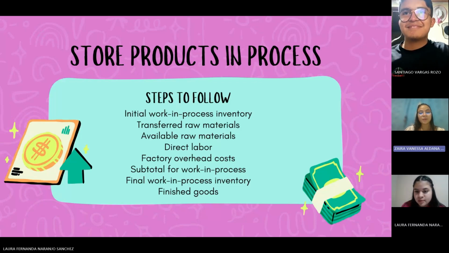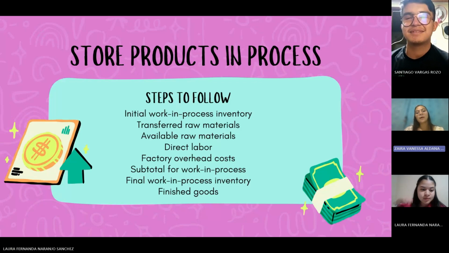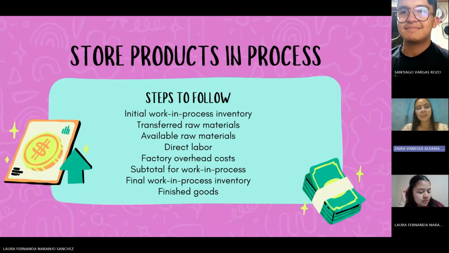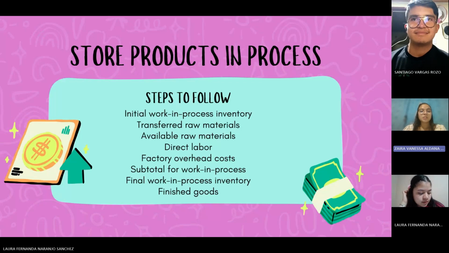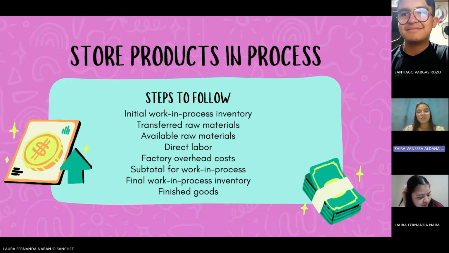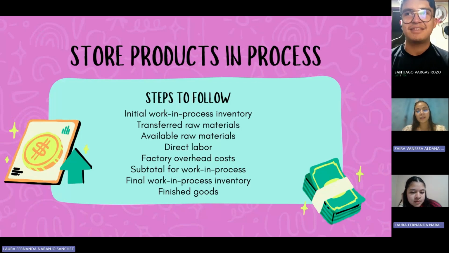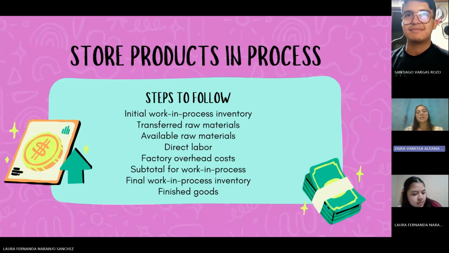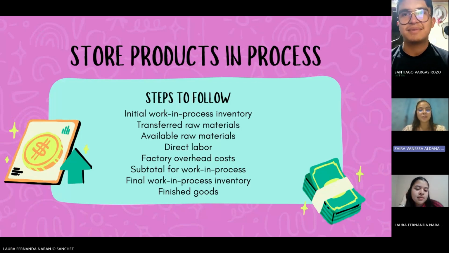Initial work in process inventory, what was in progress at the beginning. 2. Transferred materials, inputs from the raw materials warehouse. 3. Available materials, the sum of the initial inventory and the transferred materials.